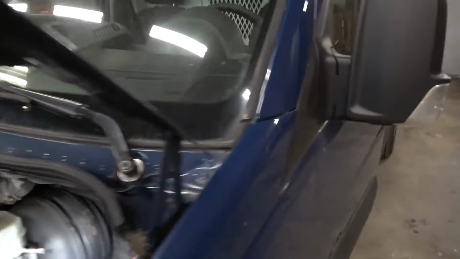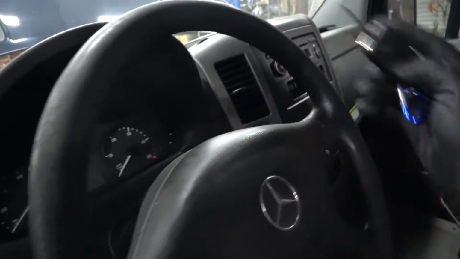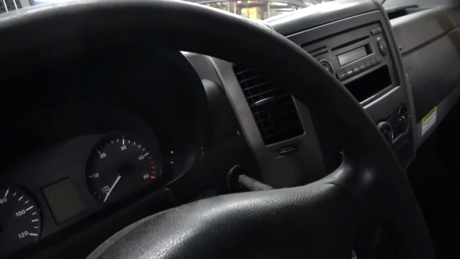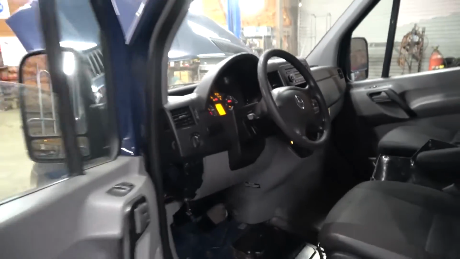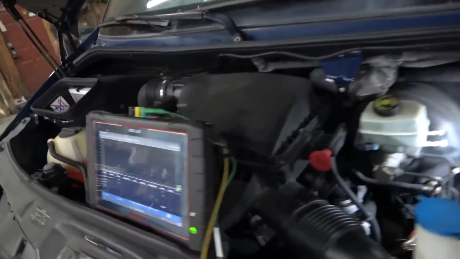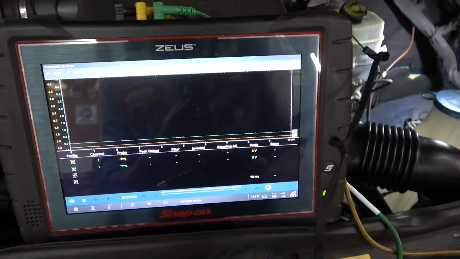I'm gonna go in the vehicle and turn the key on. So key is on. So now let's see if we can communicate with this ABS control unit.